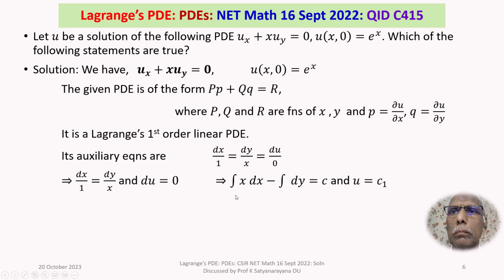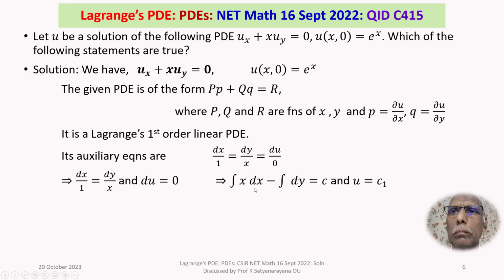Integrating, we get the integral of x dx minus the integral of dy is equal to c, and du = 0 after integration will give you u = c1.